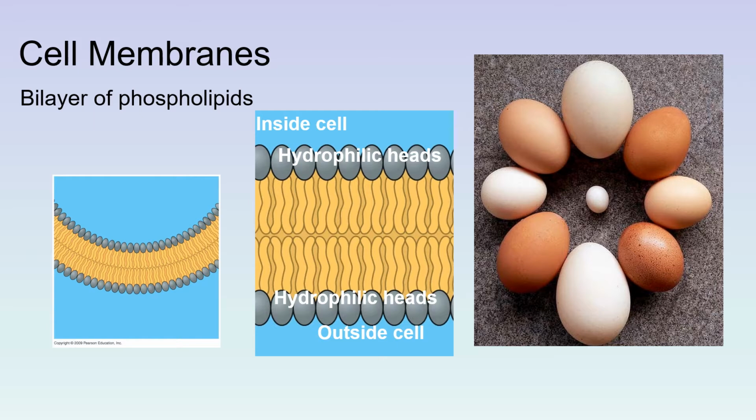This creates a hydrophobic region of the bilayer across which many polar molecules cannot cross. However, gases like oxygen and carbon dioxide are nonpolar and are free to cross in and out of this membrane.